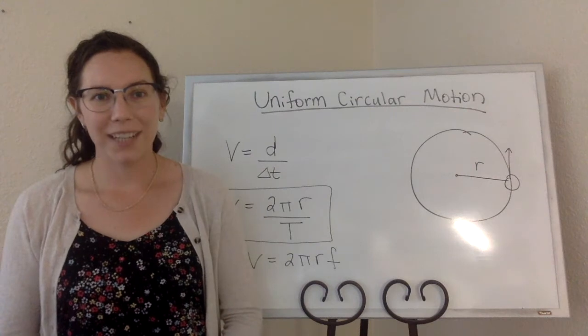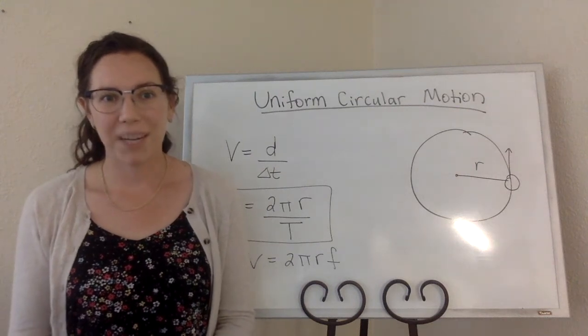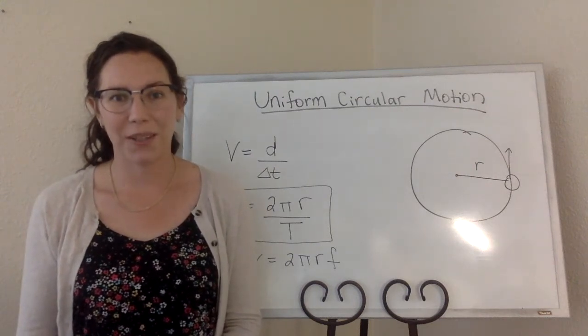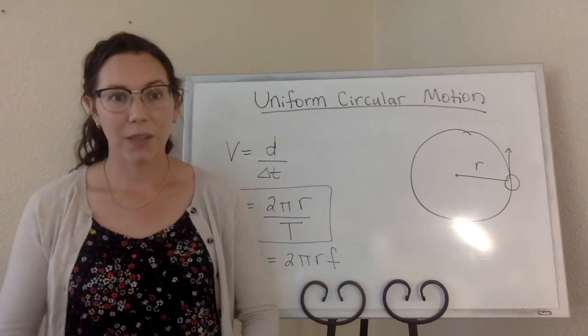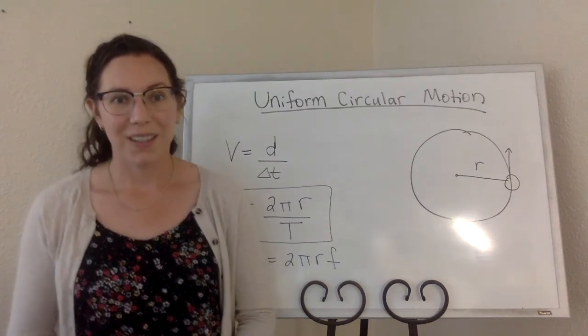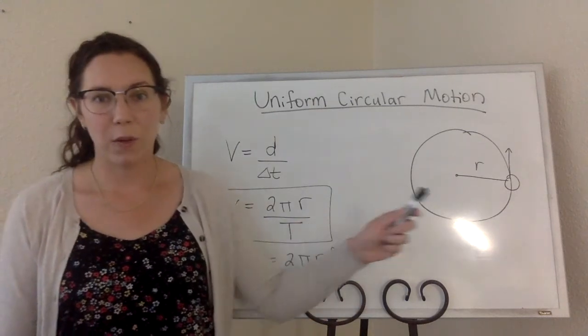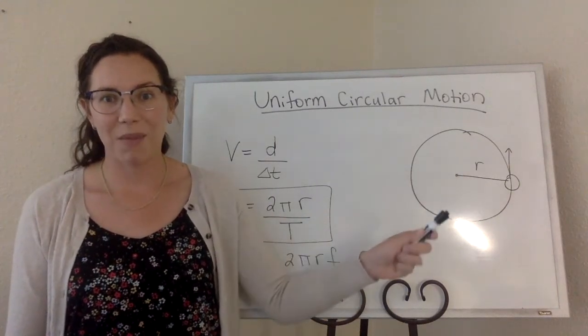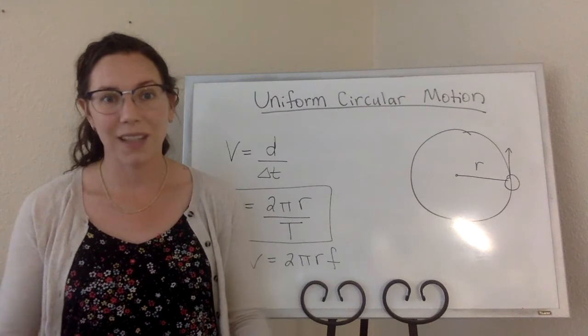There's a simple relationship that can be used to find the speed of an object moving in uniform circular motion. Recall that for a constant speed, we have distance over time. So the distance traveled for this object in one cycle of the motion is the circumference of the circle.